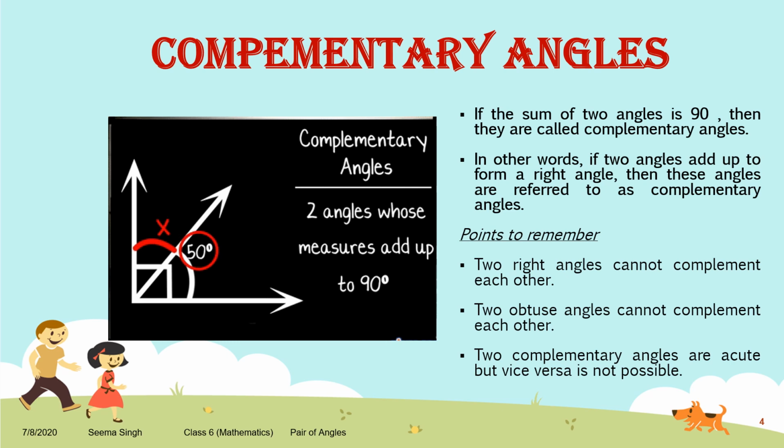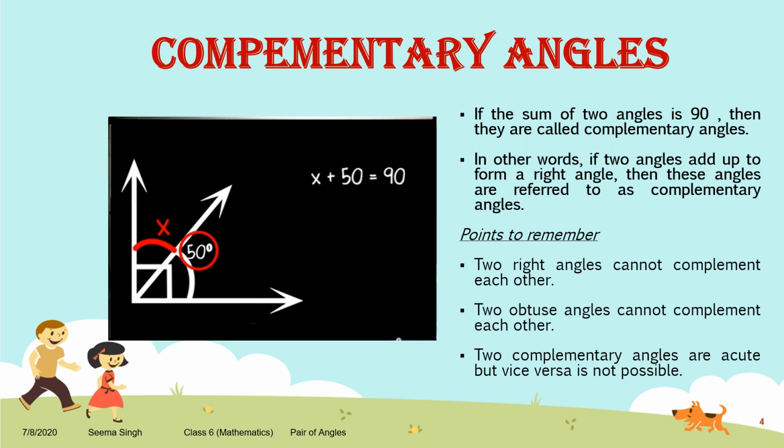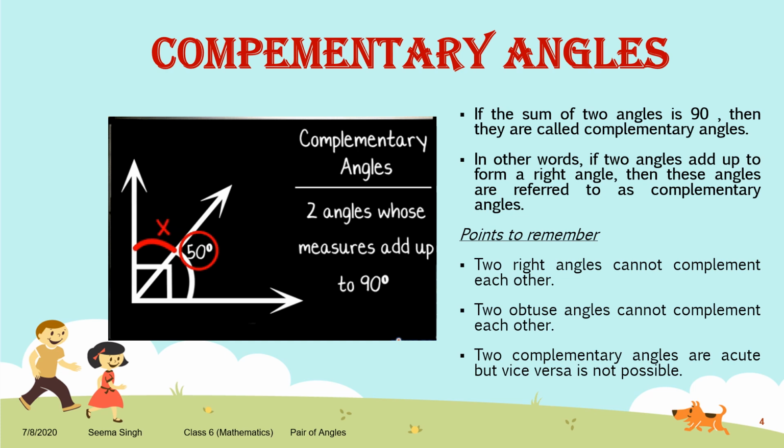Now let's start and understand the complementary angle. In the image we can see an angle which is a right angle, and this angle is bisected into two parts. One part of the angle is 50°, the other part is x, and we need to find out the value of x.